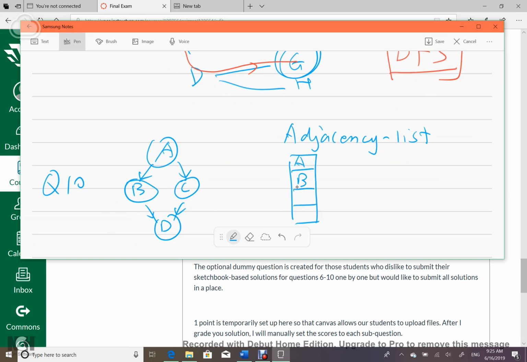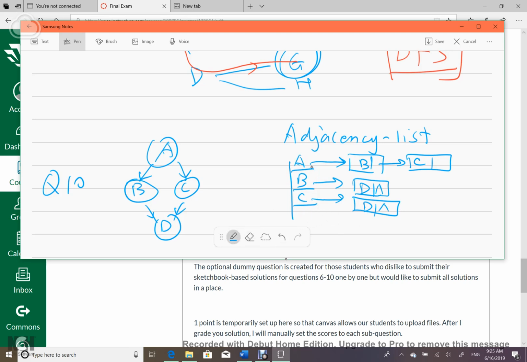This is A, B, C, D. A points to B and C. B points to C, right? And B points to D, and C points to D, and D points to nothing, right? It points to none.